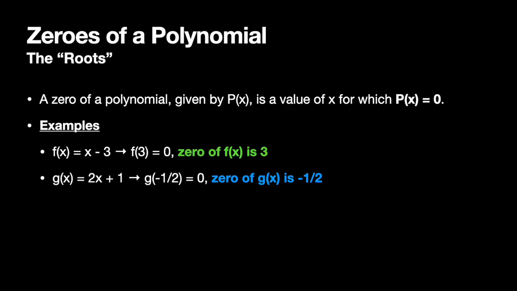For example, if we have a polynomial x minus 3, well, if we give x the value of 3, 3 minus 3 is 0, and we can determine that then 3 is a zero of this polynomial. Similarly, if we have 2x plus 1, we can simply see that plugging in negative 1/2 for x will give us 0. So the zero of this polynomial is negative 1/2. Now, finding zeros helps us factorize polynomials and solve equations, which you'll see also later in this video.